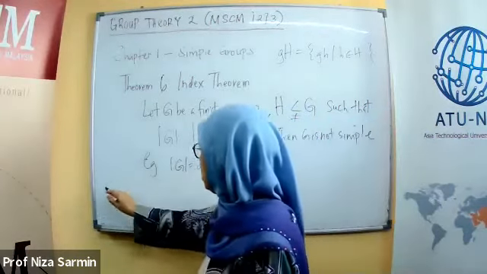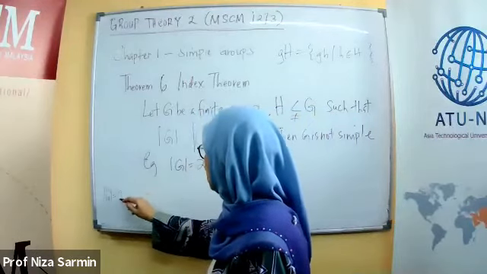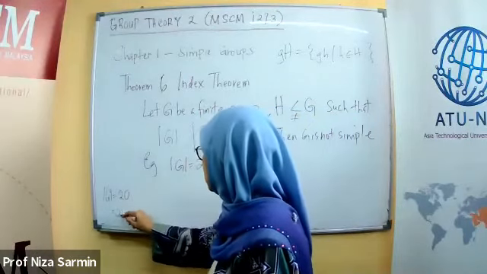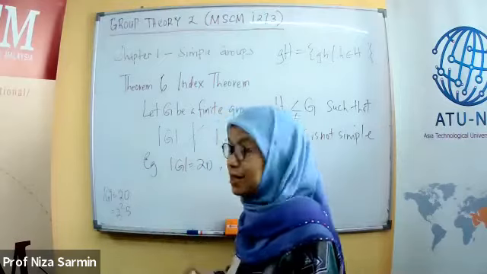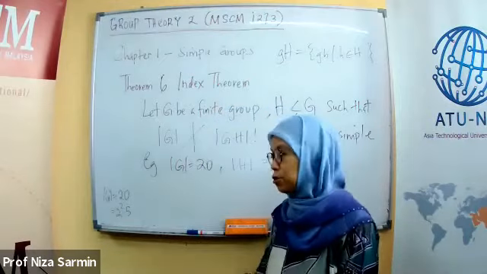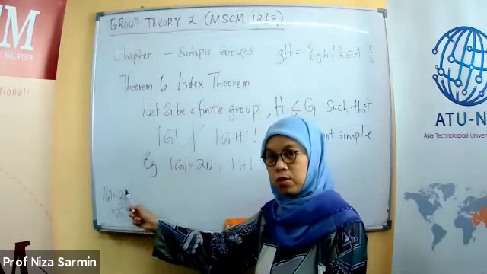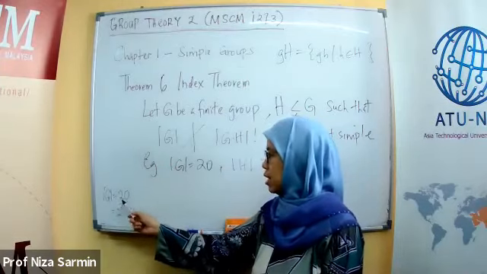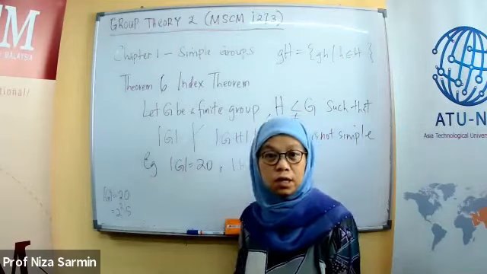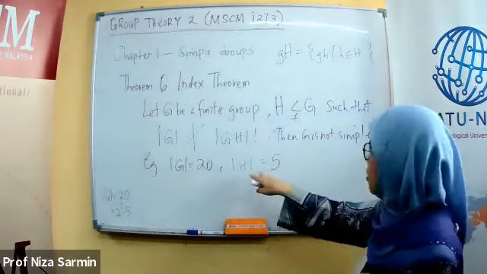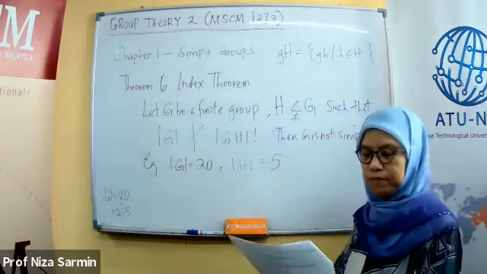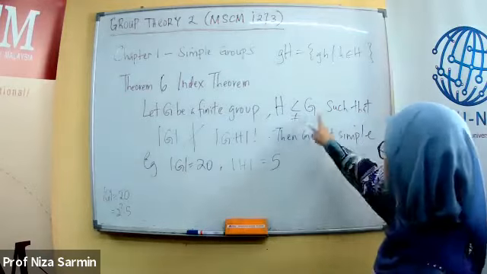If you have 20, you know there is a subgroup of order 5 because of Sylow, right? Remember Sylow? This is 4 times 5, prime powers. You have a Sylow subgroup of order 4, you have a Sylow subgroup of order 5. So definitely you have a subgroup of order 5. Now let's see this.